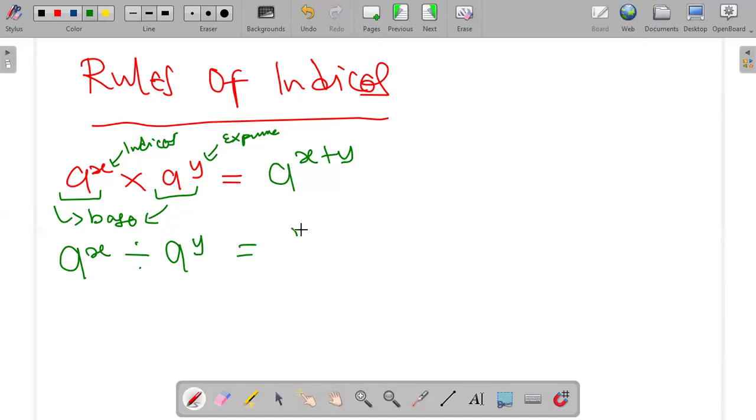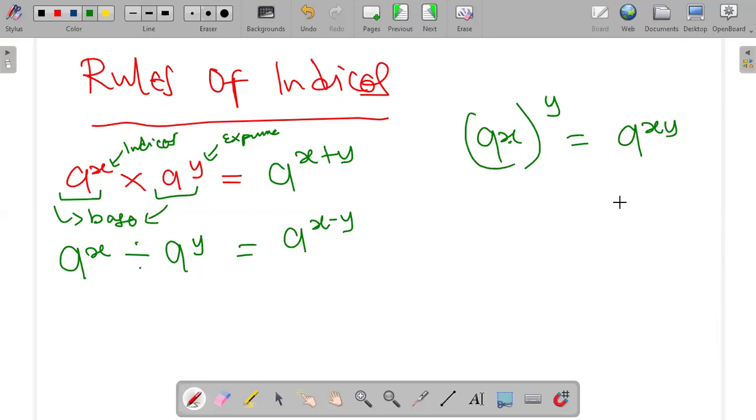So this will be a to the x minus y. Take note of these rules because we'll be using them. And if I have a to the power x, which is also raised to another power, I can simply multiply this power with this power. So what I get is a to the xy.